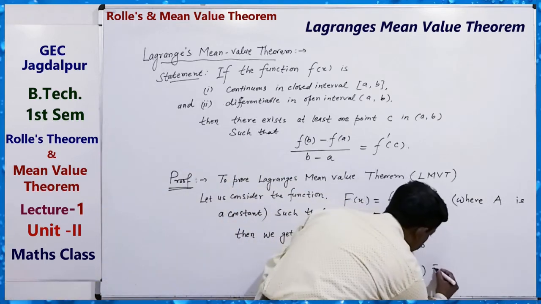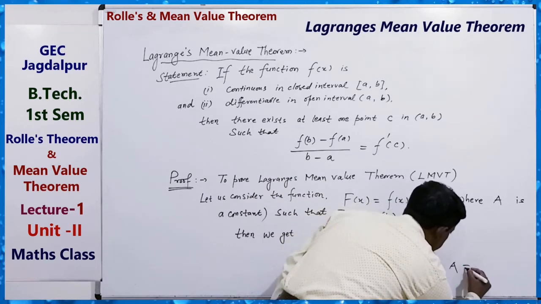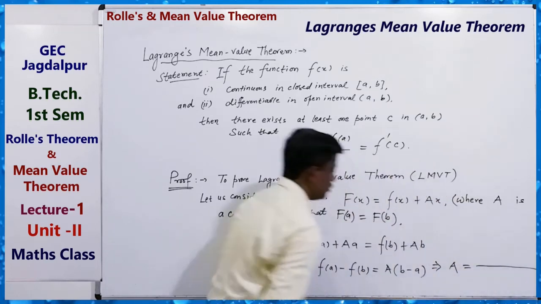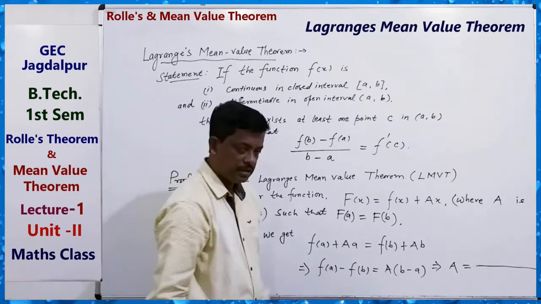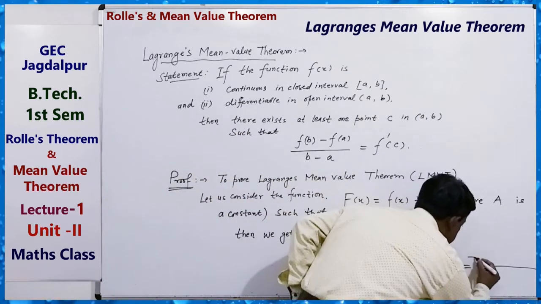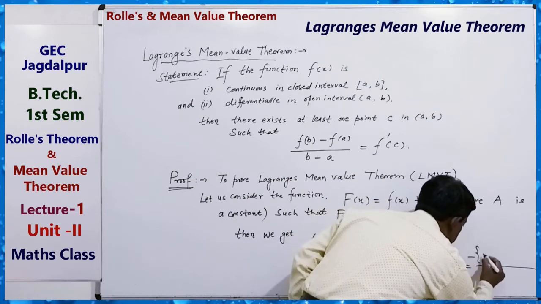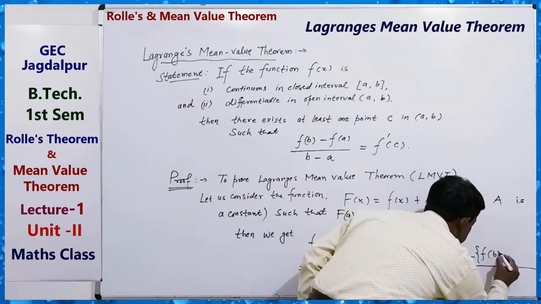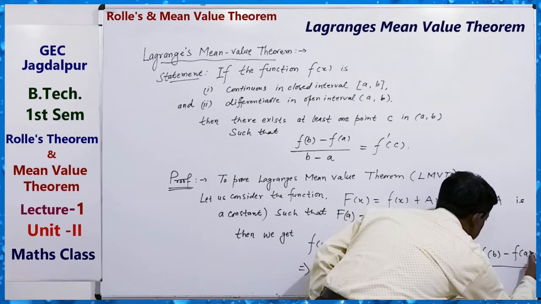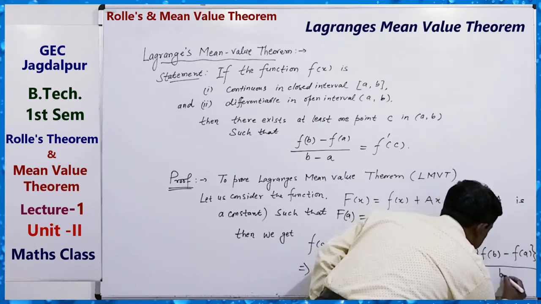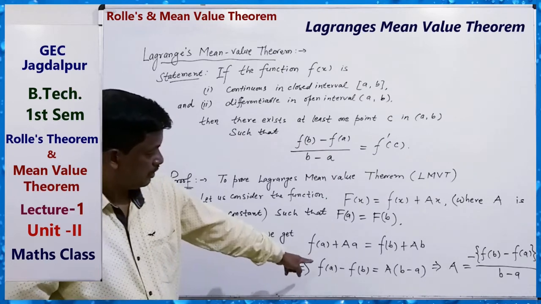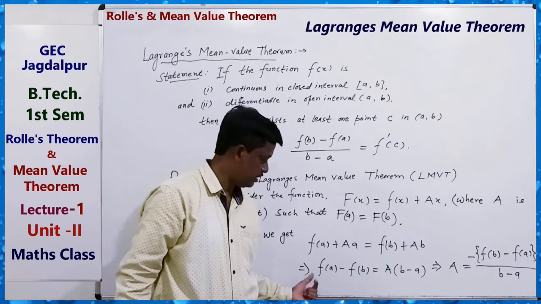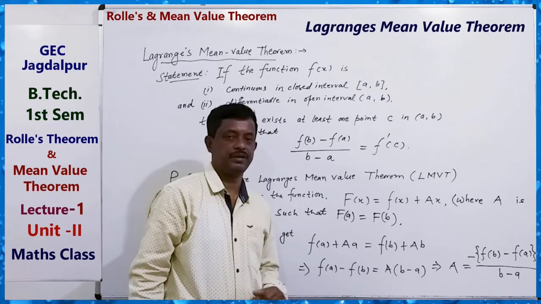So the value of A equals minus (f(b) minus f(a)) upon (b minus a). We can write it like this: f(a) minus f(b), so minus common, f(b) minus f(a).